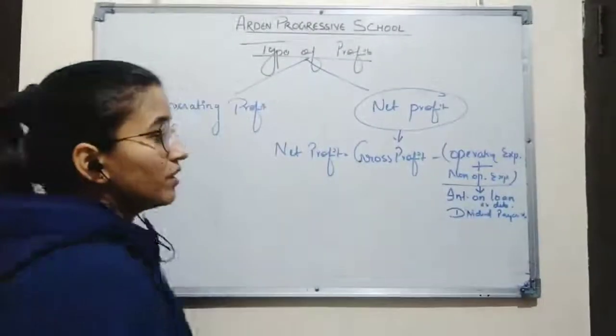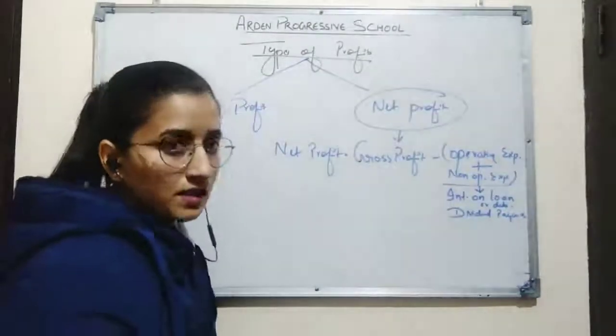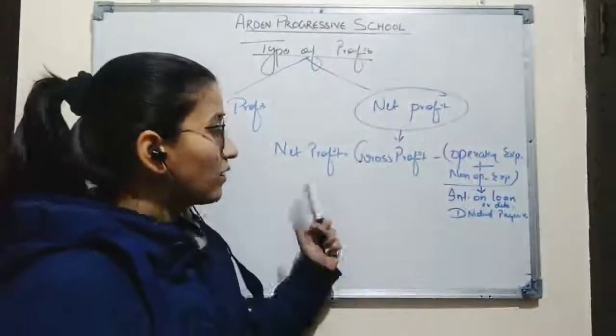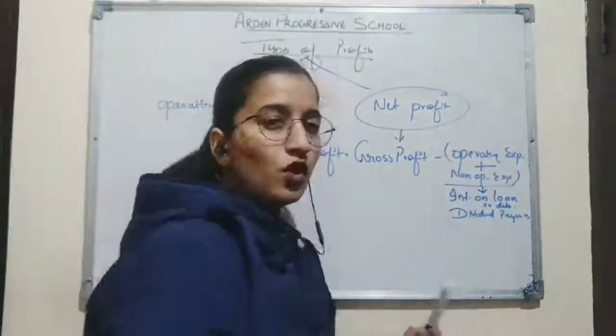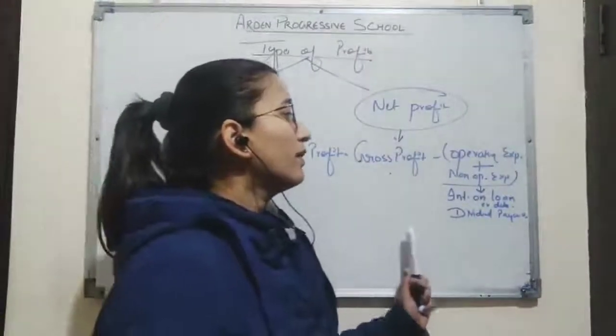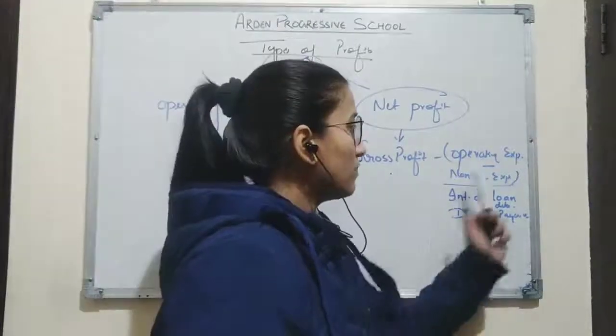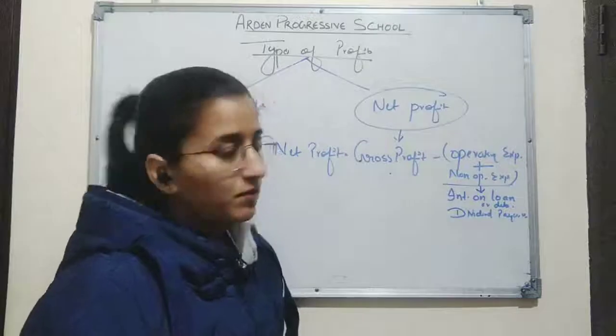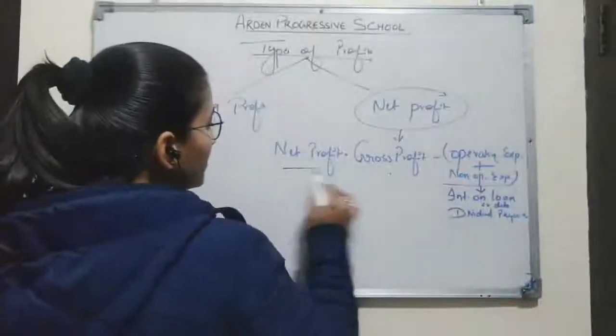Also, if non-operating income is mentioned in the question, we will add non-operating income while calculating net profit. So non-operating income will be added to gross profit, and all the operating and non-operating expenses will be deducted from gross profit and non-operating income. So this is how we calculate the amount of net profit.